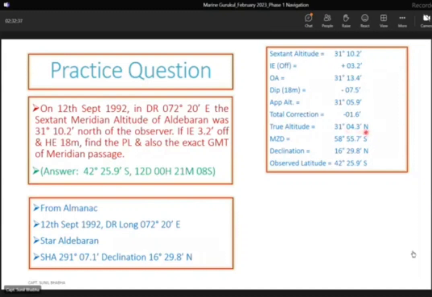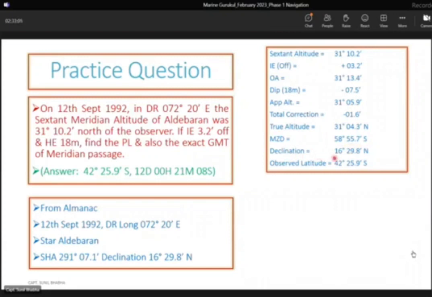The altitude is to be named as per our naming system. It is mentioned in the question that the star is north of the observer, so altitude is named same as azimuth. That's why we see the altitude named north. The MZD is 90 minus true altitude, which comes out to be 58 degrees 55.7 minutes, and it is named opposite to the azimuth, in this case south.